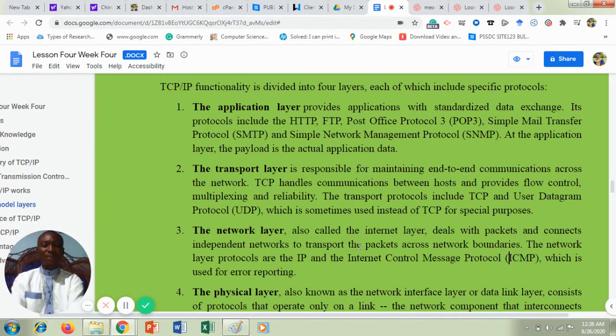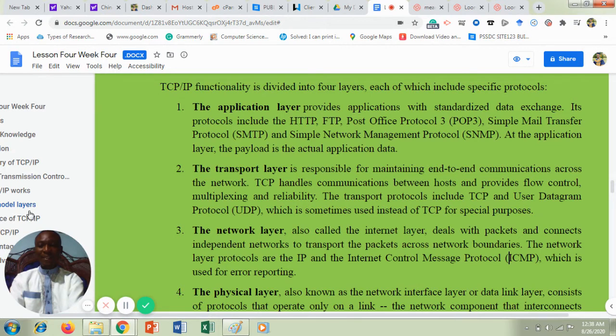It breaks them into packets and ensures that they are sent across the internet, where it will now land on the physical layer, which is also known as the network interface or the data link layer.